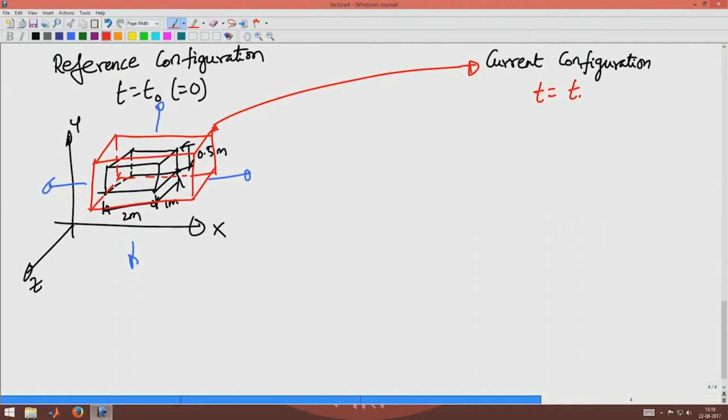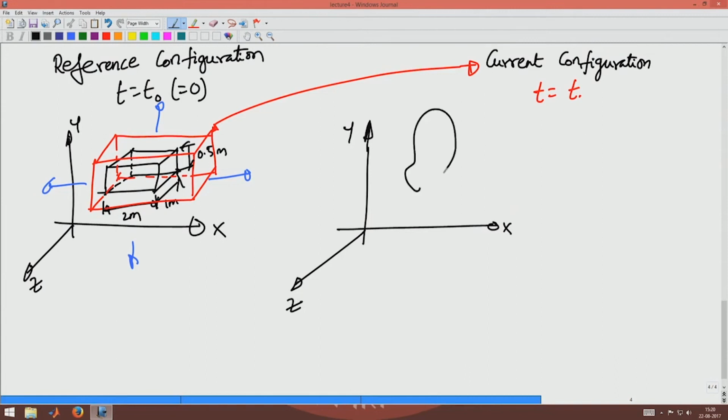Now, to specify things, let us again draw the coordinate system x, y and z. I will draw potatoes for the body this time. There is one potato here, and in the current configuration I will have one more potato. This is the current configuration and this is the reference.